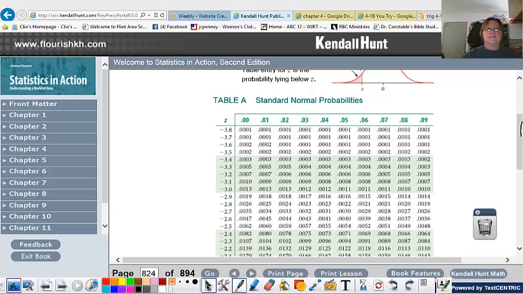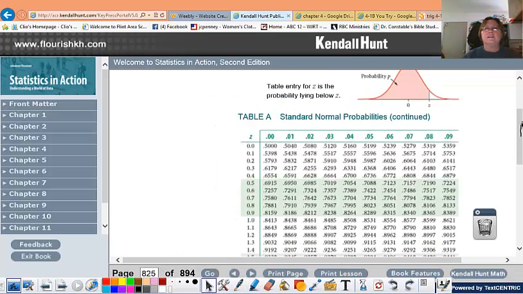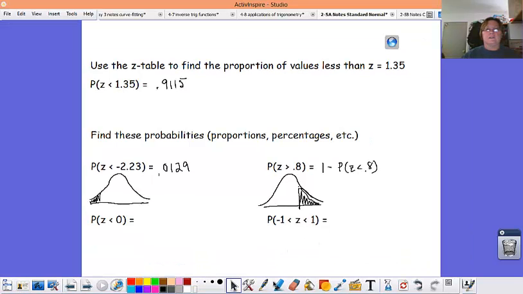0.8 is on the positive side. 0.8 right there. 0.7881. That's the probability that you would go underneath that z-score. Our problem, remember, wanted us to get above it. So we have to do 1 minus 0.7881.